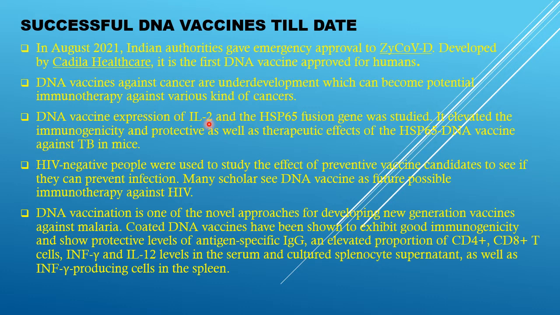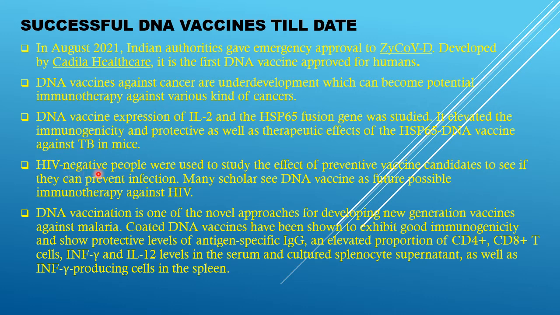Interleukin 2 is a type of cytokine signaling molecule in the immune system, and HSP65, heat shock protein, protects the antigen proteins. So fusion genes were studied. We studied the expression of the IL-2 and HSP65 fusion gene, and it elevated the immunogenicity and the protective as well as therapeutic effect of the HSP65 DNA vaccine against tuberculosis in mice.